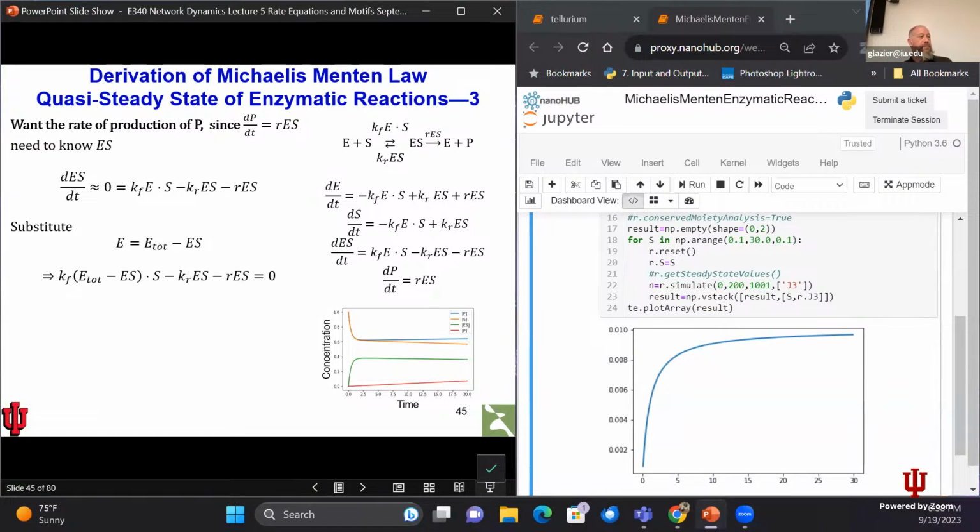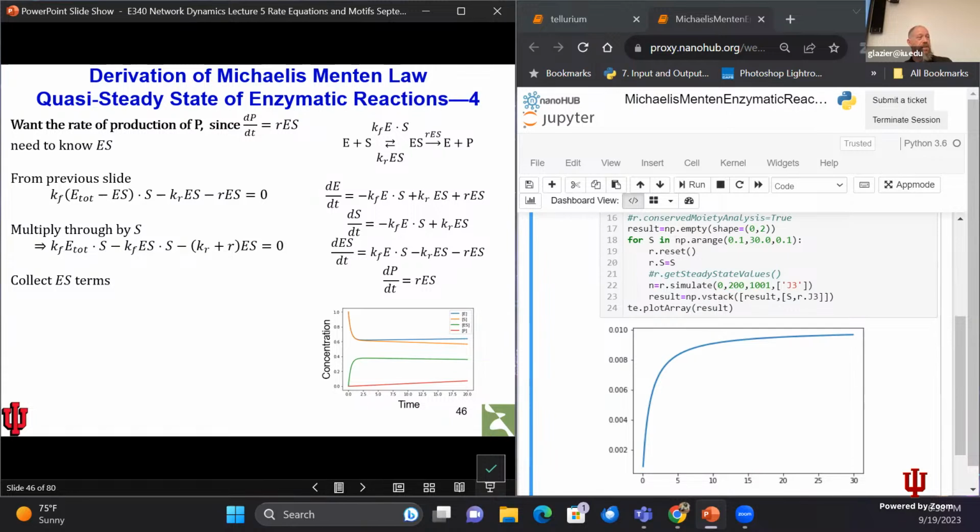So I'm going to do that. And I'll be left with Kf times (E total minus ES) times S minus Kr ES minus R ES is 0. So I'm going to multiply through here. I'm going to combine all the terms with ES, and I'll just do the algebra to solve for ES.